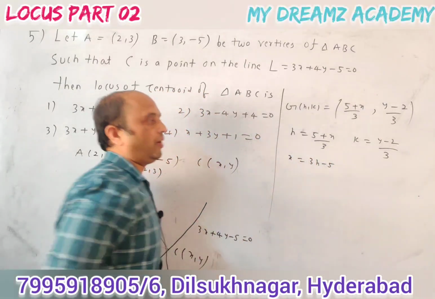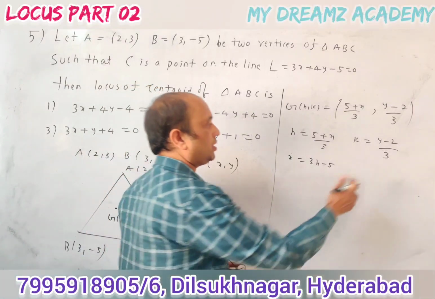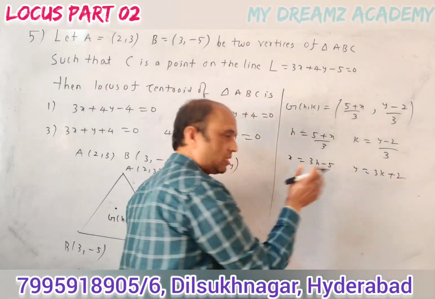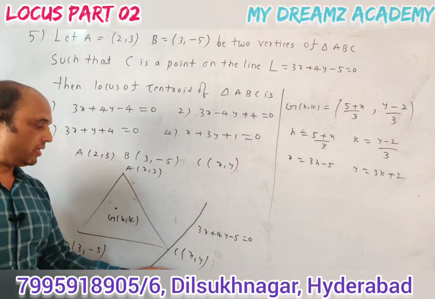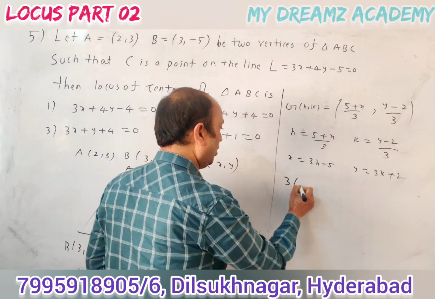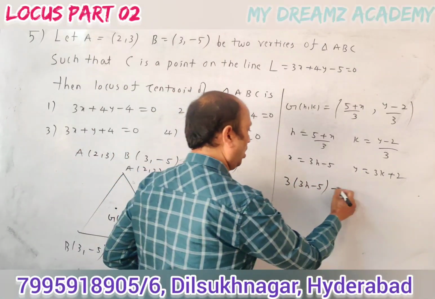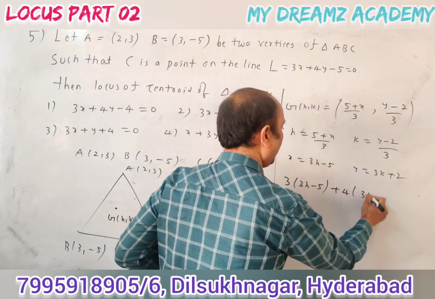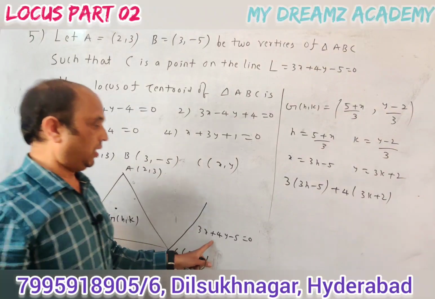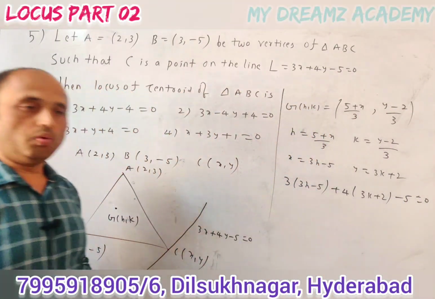From this equation find the x value, 3h minus 5, and the y value, 3k plus 2. But x comma y lies on the line, so 3 of 3h minus 5 plus 4 of 3k plus 2 minus 5 equal to 0.